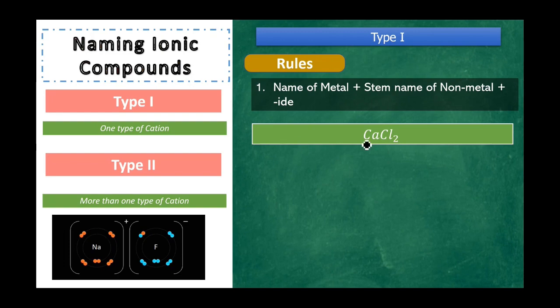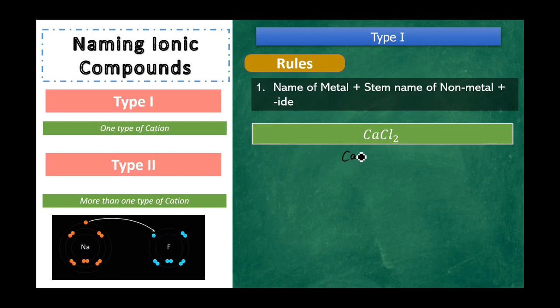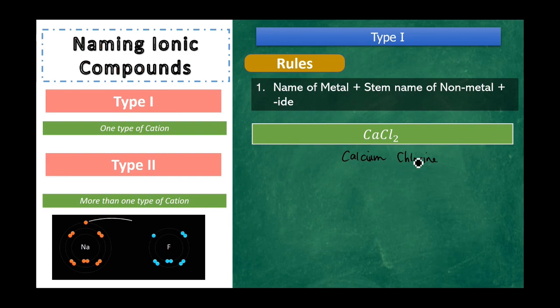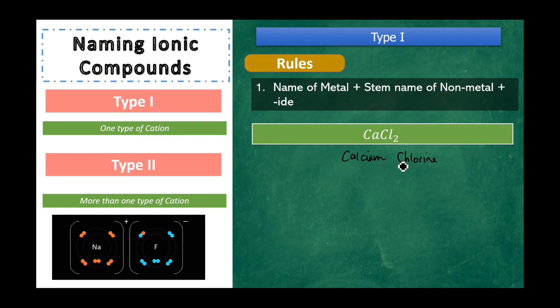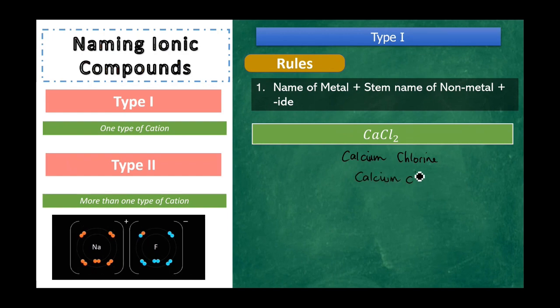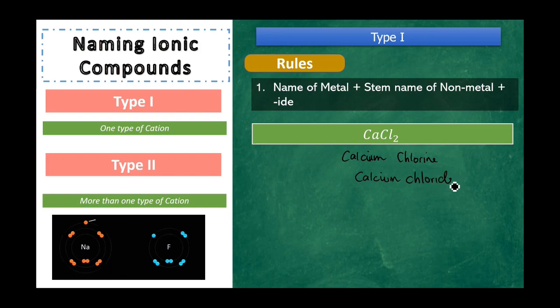For example, we have here Ca, which is calcium, and then chlorine. Remember that this is type 1 and we have to get the stem name. So the stem name of chlorine is chlor plus ide. So when we rewrite it, that will be calcium chloride.